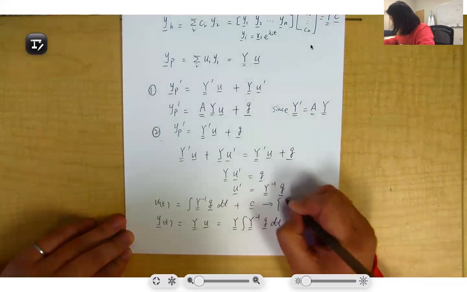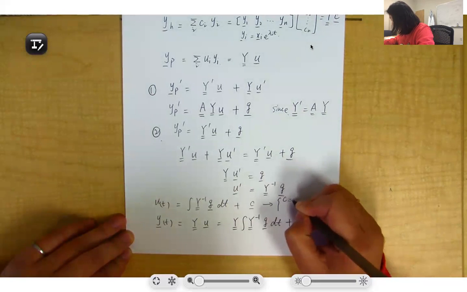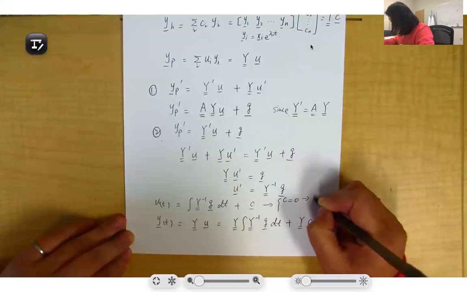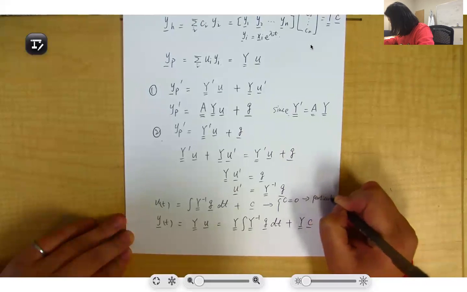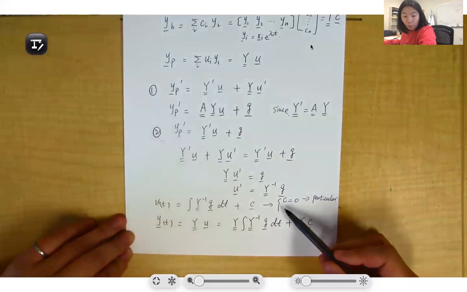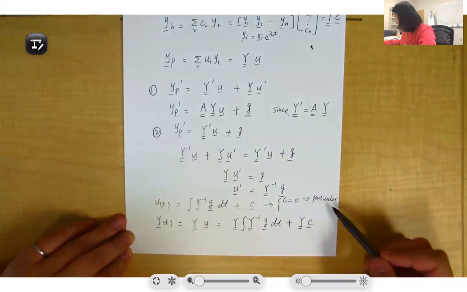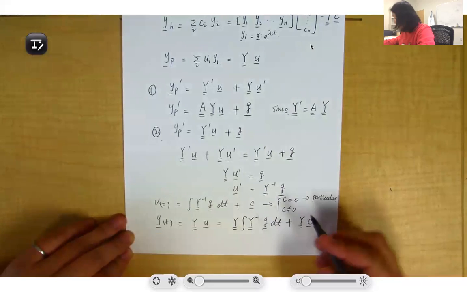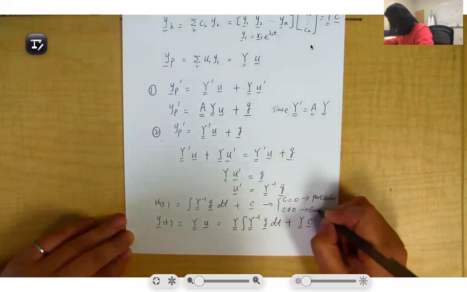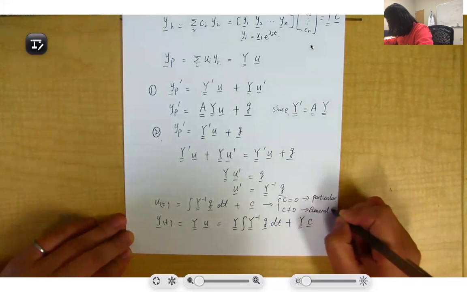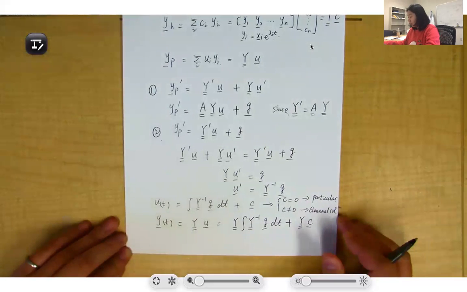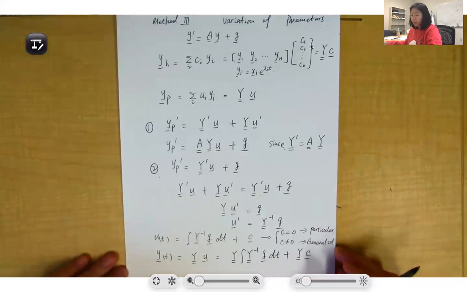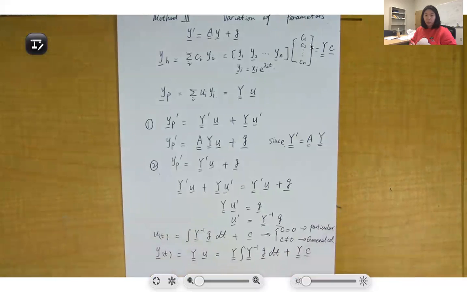So here, if the constant equals 0, that only leads to the particular solution. So basically, if you don't involve this constant part, it will be the particular solution. If you involve this constant part, it will be the general solution. Okay, so that is how we use the variation of parameters method to solve for the particular solution or the general solution.